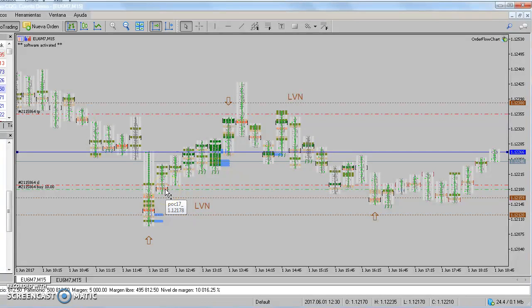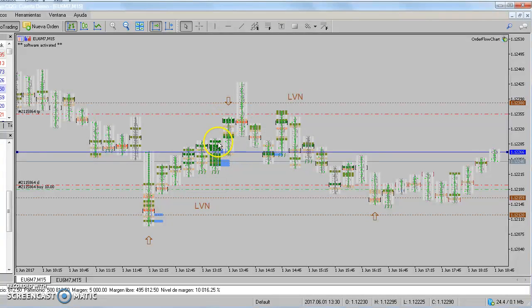The risk is very little, because the stop loss will be a few points below this area, below those buyers. Those buyers are there to control the market, and it starts moving the price up, until we found this low volume node here at this bar with very aggressive buying.